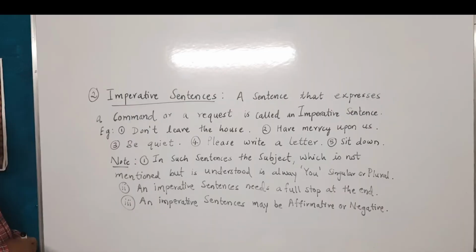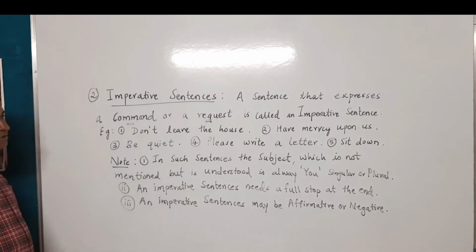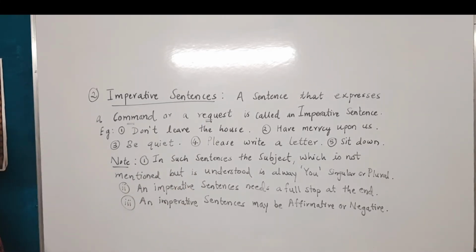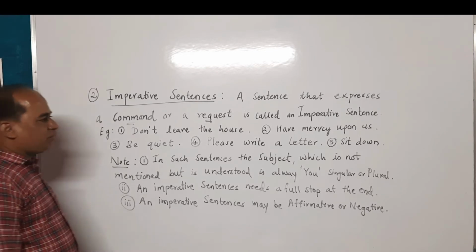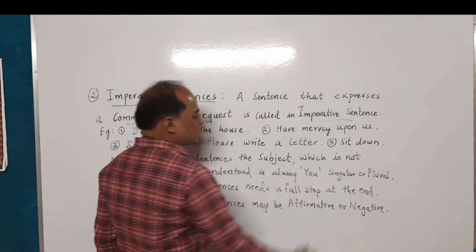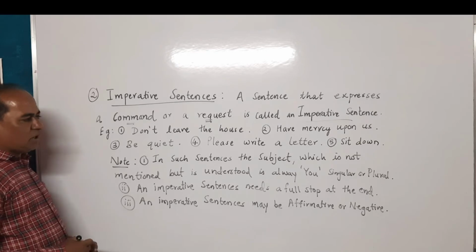Second kind of sentence, imperative sentence. A sentence that expresses a command or a request is called an imperative sentence. Examples of imperative sentence: don't leave the house.